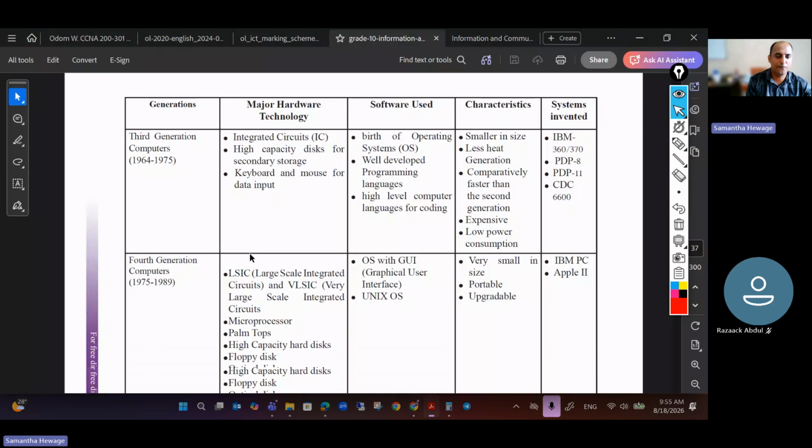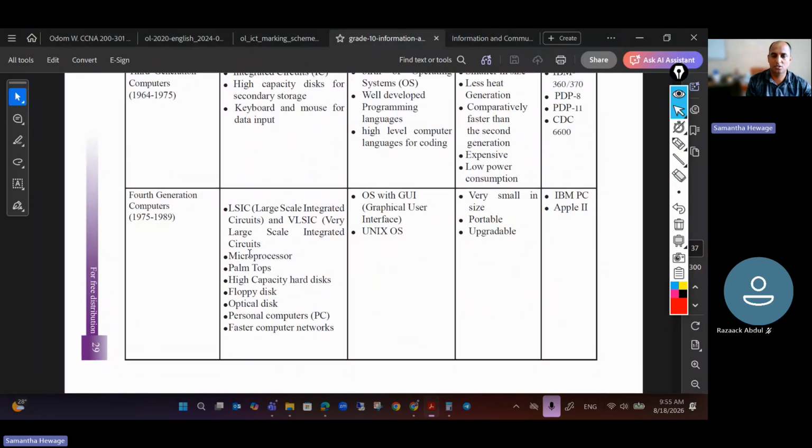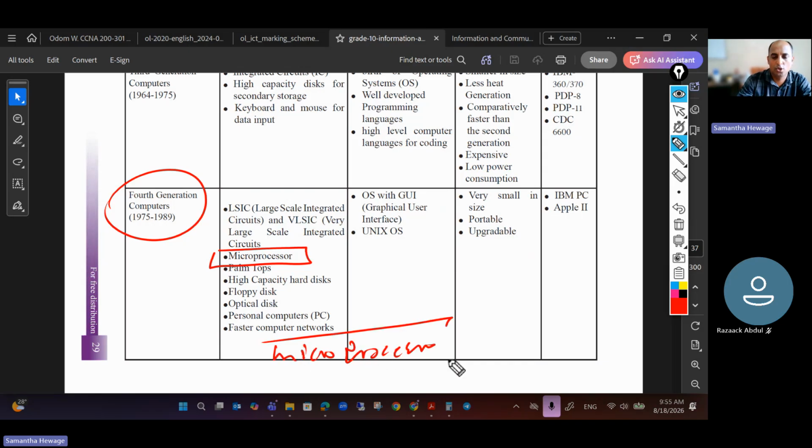Okay. So when it comes to the fourth generation computers, let's see what the main things that happened in the fourth generation are. Fourth generation computers introduced the microprocessor technology. Nowadays we use the microprocessor as the processor, as the CPU. So in these fourth generation computers, the birth of the microprocessor comes.